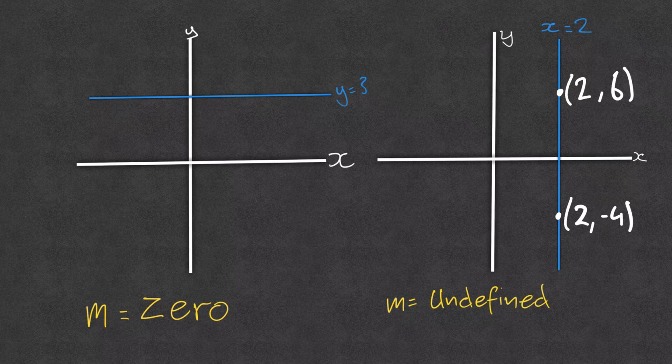If I did my rise over run, change in y over change in x, it'd be -4 take 6, which is negative 10. And it'd be 2 take 2, which is 0. Now on your calculator, if you type in negative 10 divided by 0, it actually comes up with the words undefined. It says undef or error or something along those lines. You can't actually divide a number by 0. And that's why the gradient there is undefined.